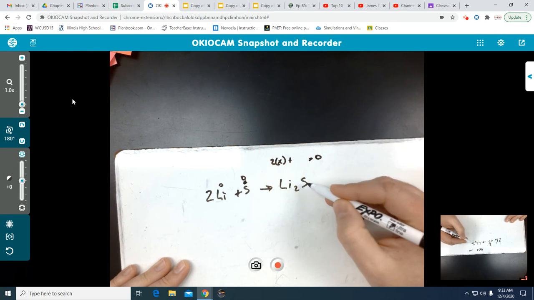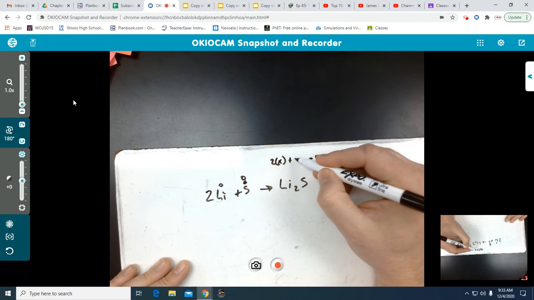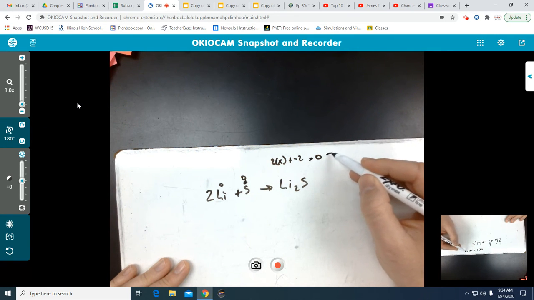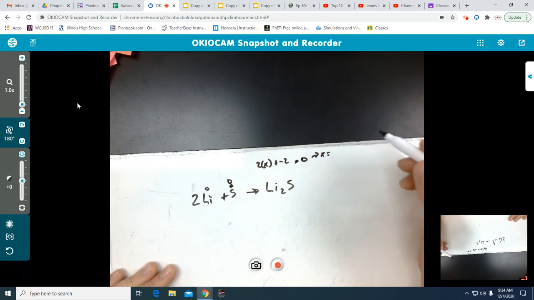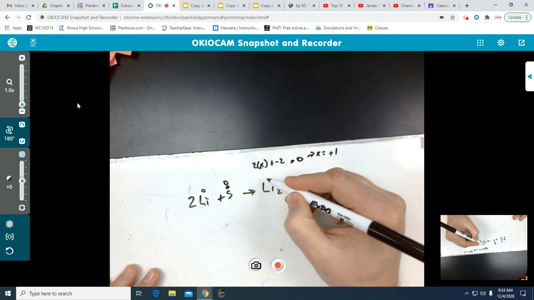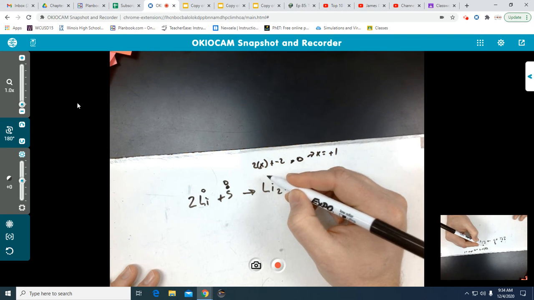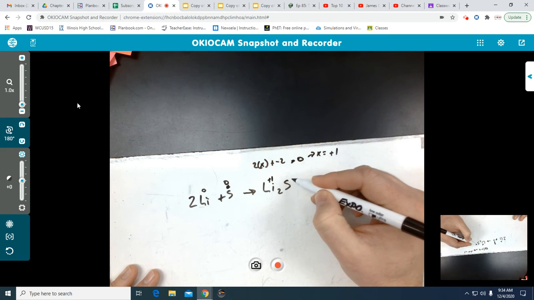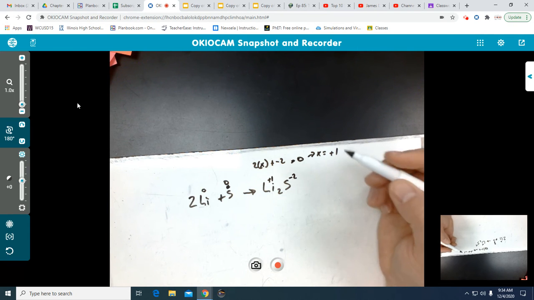It's with sulfur, which is typically a -2. Solving for X, that'll be a +1. So lithium will be a +1, and sulfur is going to be a -2.